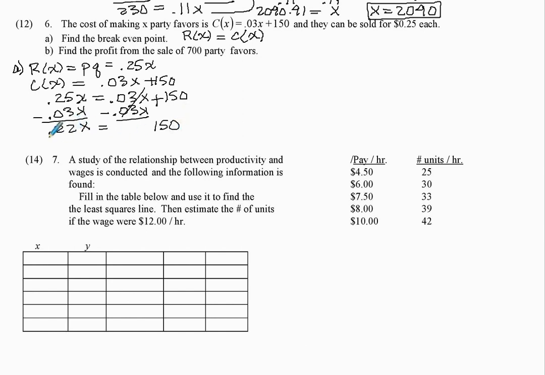And now x is multiplied by 0.22. We want to divide that 0.22 off on both sides. And what's left is x equals 150 divided by 0.22, and if you do the calculator work there, you get 681.81.